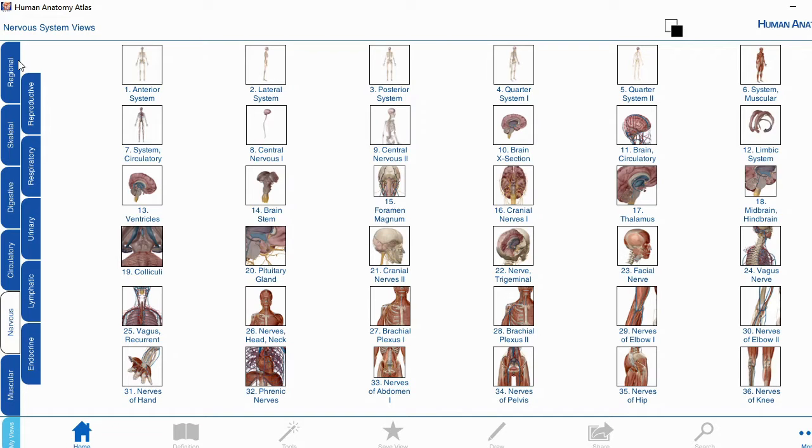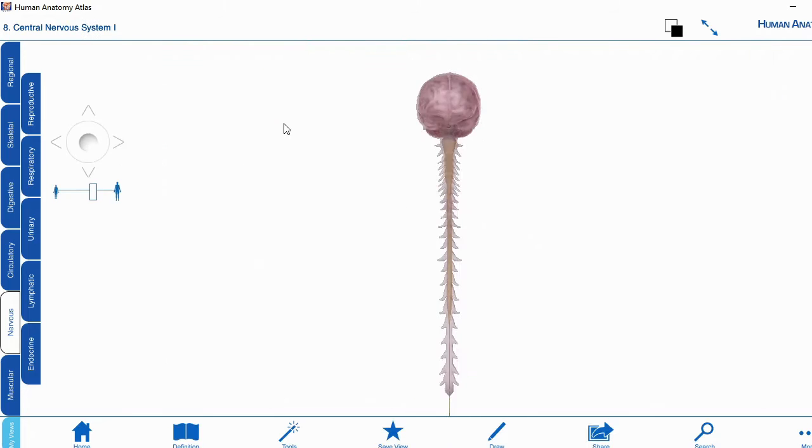Here are the different systems in this software. Anatomy means the internal structure. I have opened the nervous system, and there are different topics in it, and because we are talking about the central nervous system, let us see.